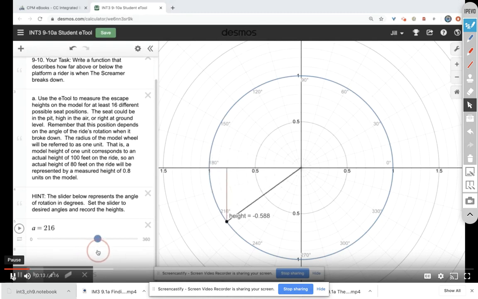And then it's going to start going below ground. Notice the height is negative. We have a negative 100 when it gets down to the bottom, and that is 270 degrees around. And then over here, we have about negative 40 feet, which is negative 0.4, just past the 330 mark as it gets back. And finally back to 0.